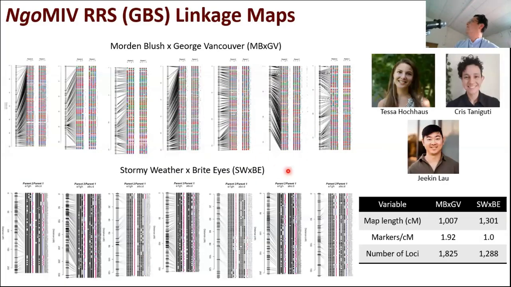We've got a map from Morton Blush by George Vancouver, which is a population from Minnesota, and University of Wisconsin Riverside are collaborators in this project, and one from Stormy Weather and Bright Eyes.